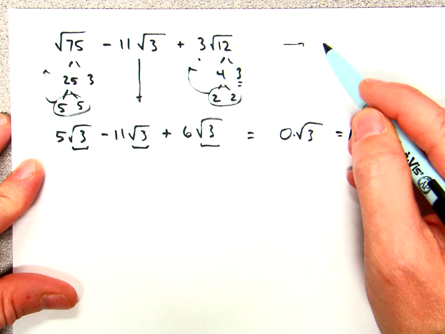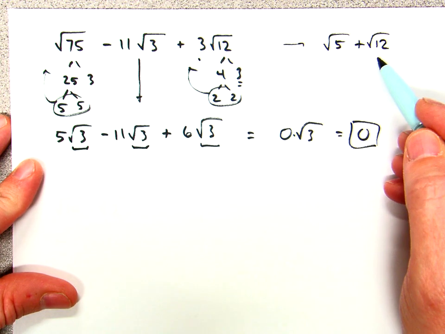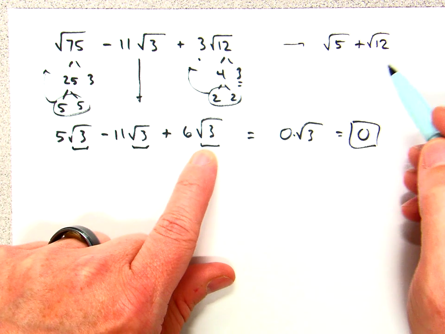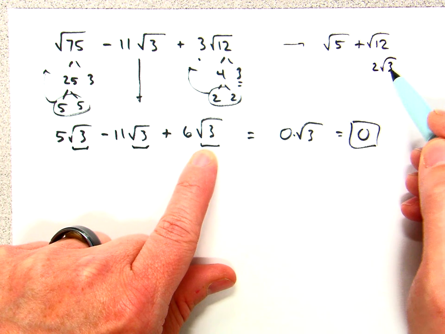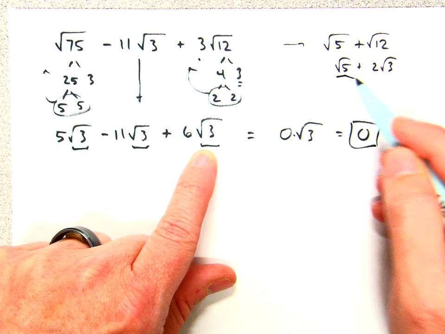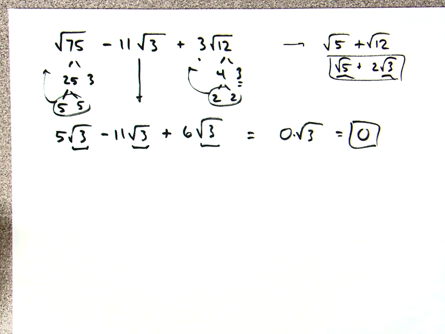Like if we had something like root 5 plus root 12, root 12 reduces to 2 root 3, but I still can't put it together with root 5 because the roots aren't the same, so there's really nothing I can do there. I would have to just leave it, okay? So you might be able to reduce them and then they can't add. That's fine. Do what we can.